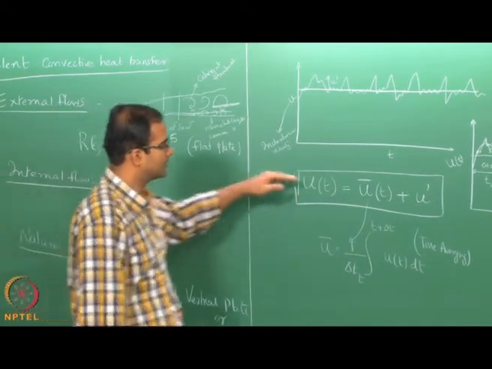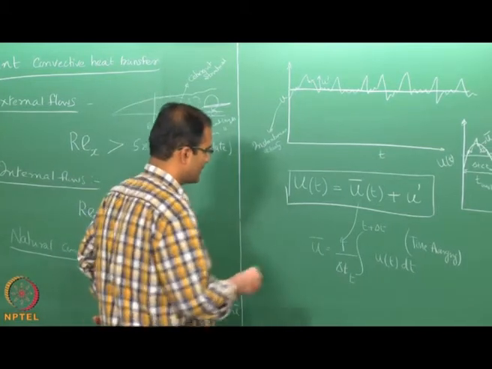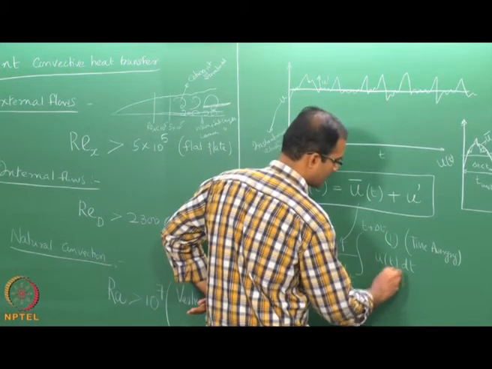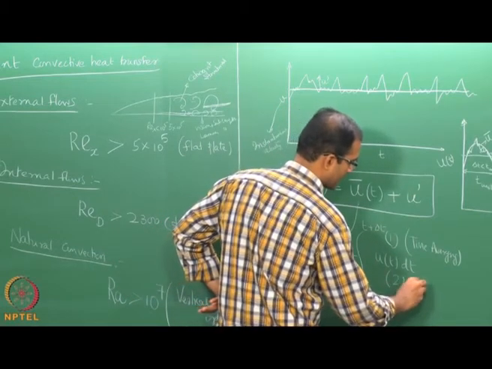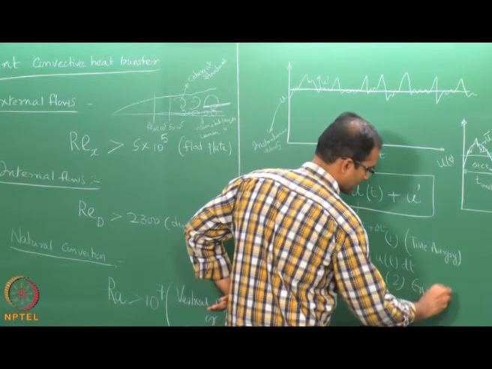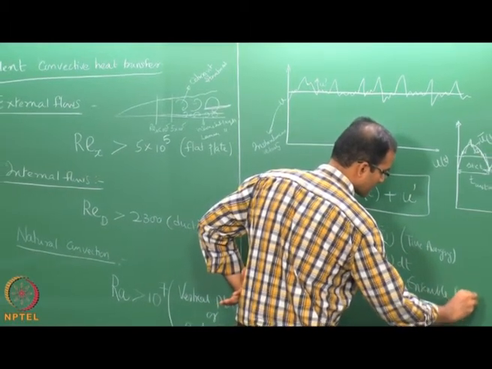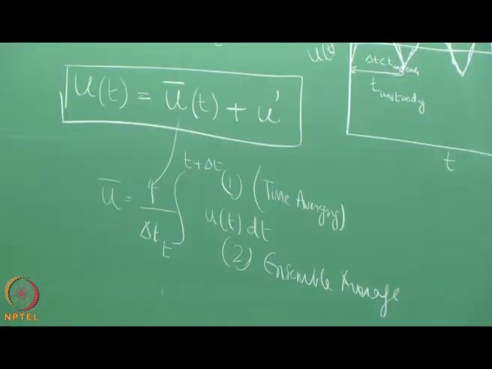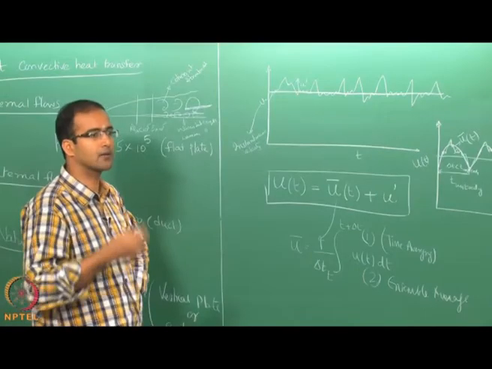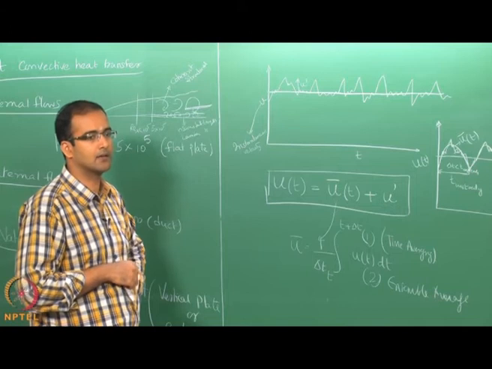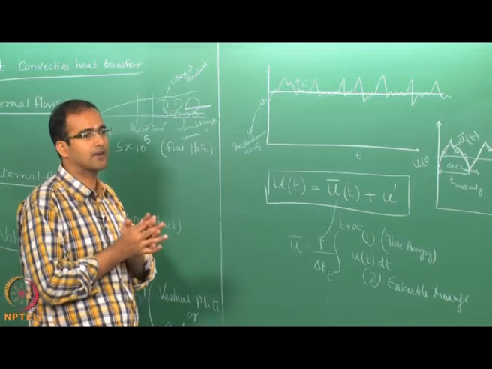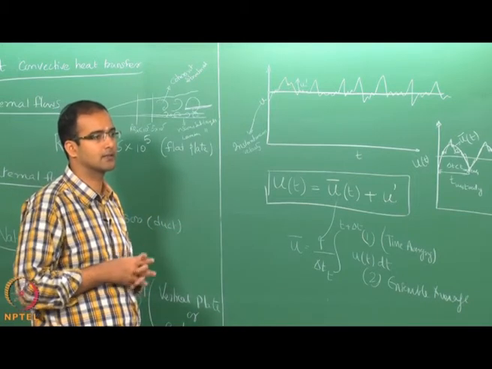Now, there are different ways of doing this averaging. What I have described here is time averaging. You can also do what is called ensemble average. That means you take certain data at a certain location, repeat it again, and again, so you have several sets of data, and then do a statistical averaging of all these different repetitions.